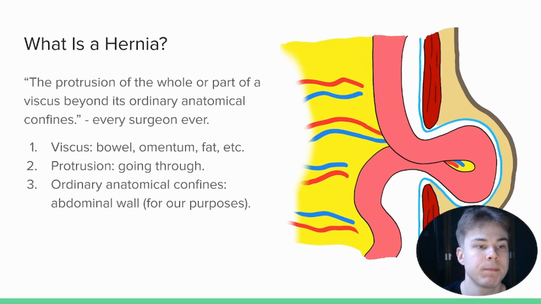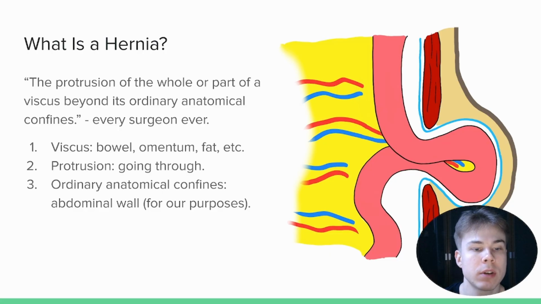Now for the answer. Hernia is the protrusion of the whole or part of a viscus beyond its ordinary anatomical confines. That's the universal definition of hernia. And the talk is specifically about abdominal wall hernia. So that narrows our definition a little bit.